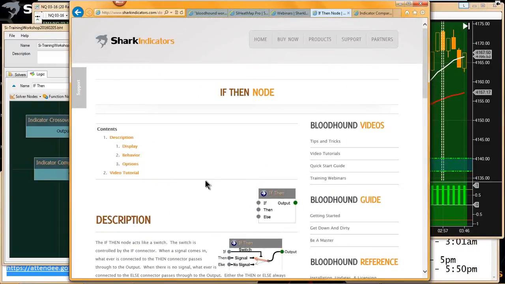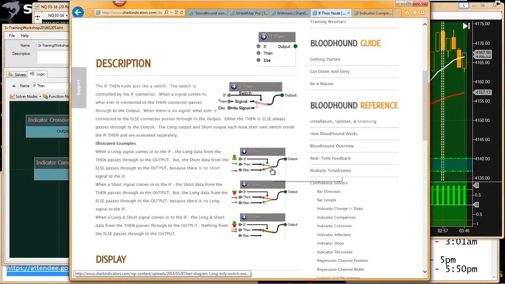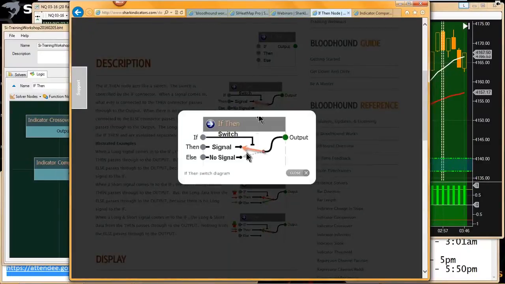There we go. Okay. So here's the reference guide for the if-then node. I've got some graphics on here to illustrate how the switch works inside the if-then node. Let's take a look at the basic one.